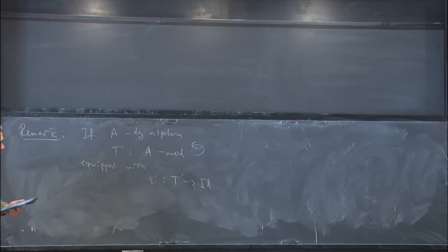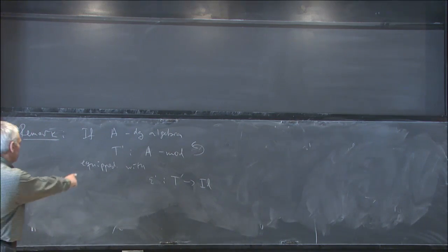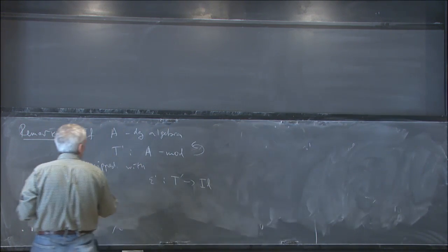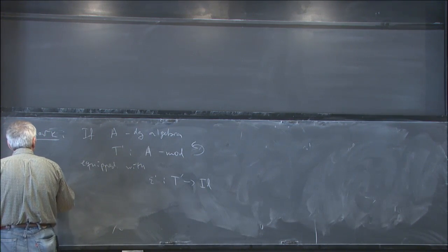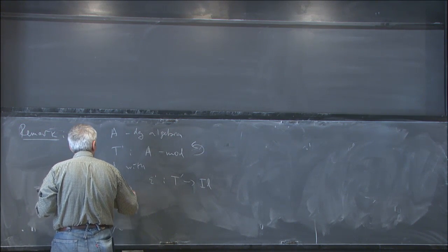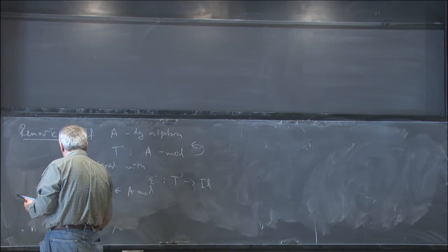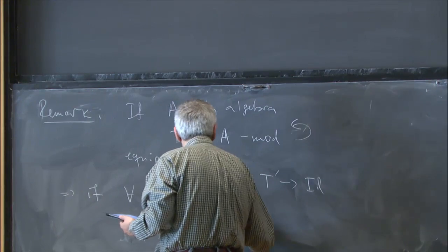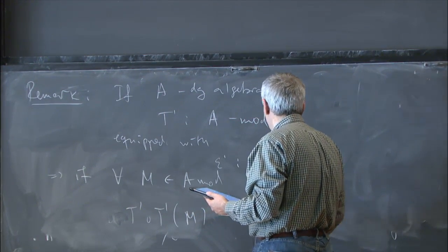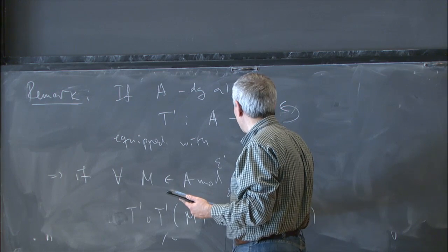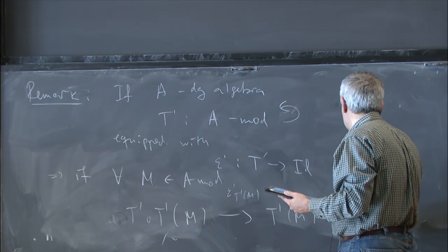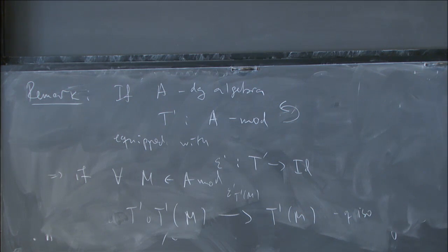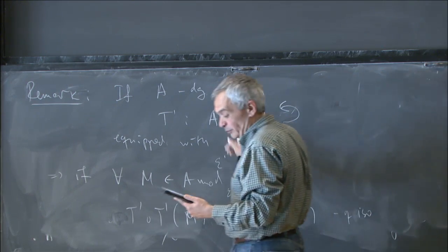But if you have such a guy, then if you know that for every module the natural map from the square of T prime to T prime given by the co-unit of T prime, if you know that this is a quasi-isomorphism, then automatically T prime is a coidempotent comonad.